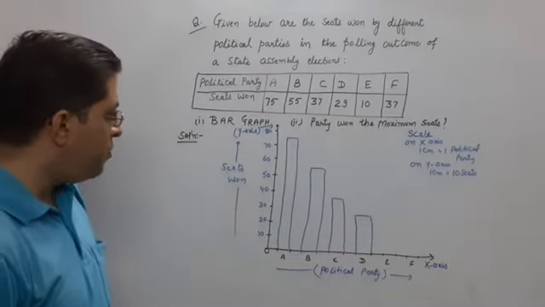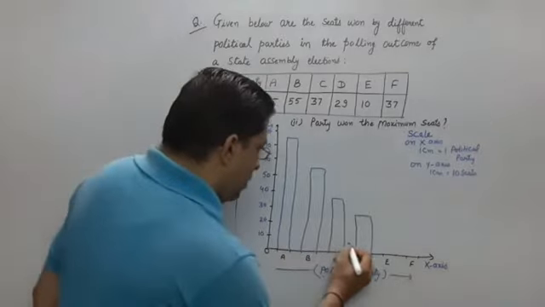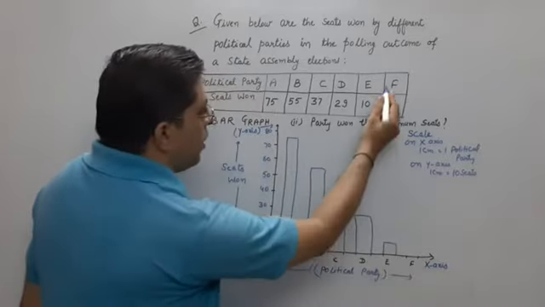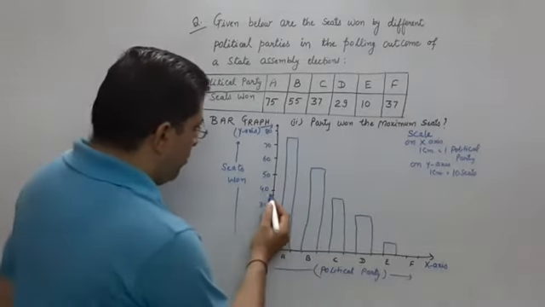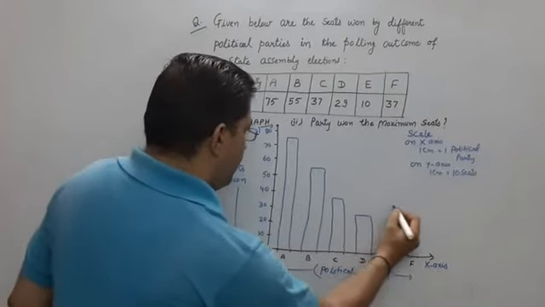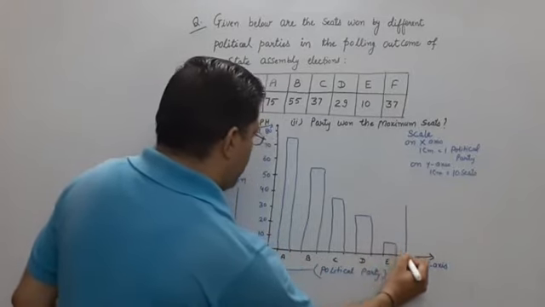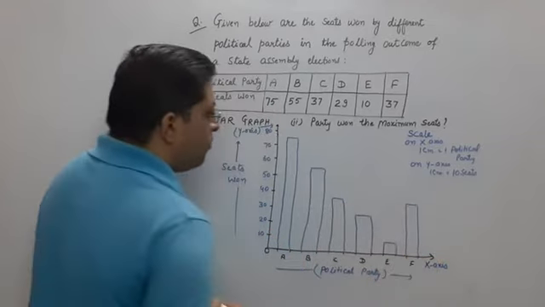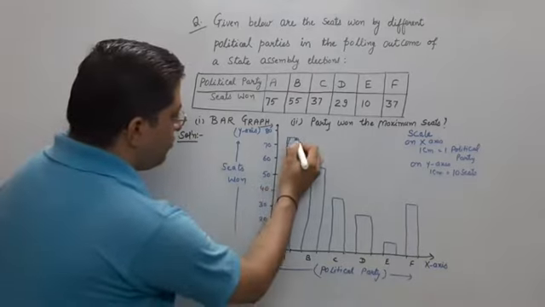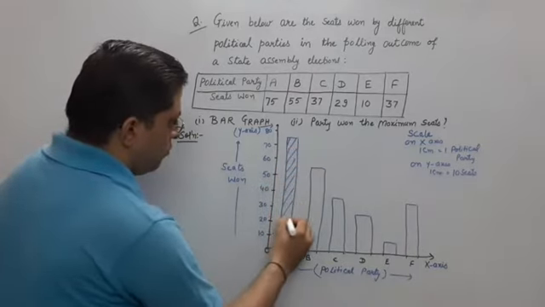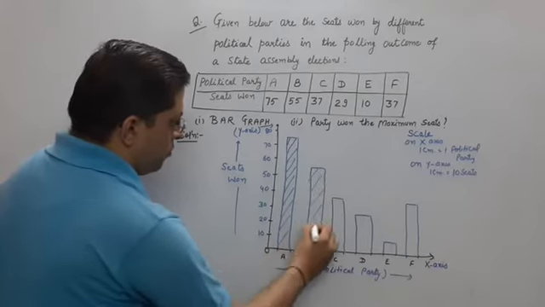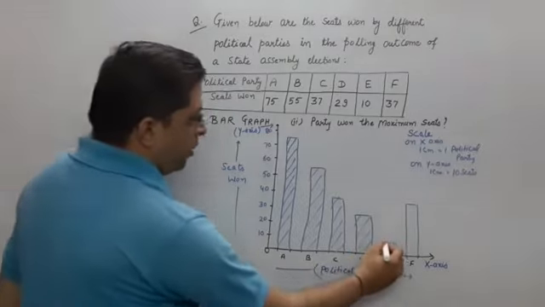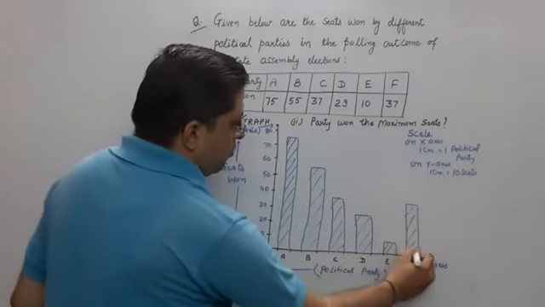Then party E is 10. 10 is clearly shown here. Party F is 37, in between 30 and 40. After that you have to shade. Now this is the bar graph. On the x-axis I have taken political parties and on the y-axis number of seats.